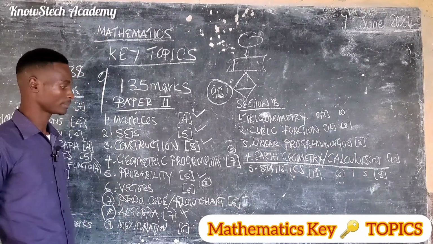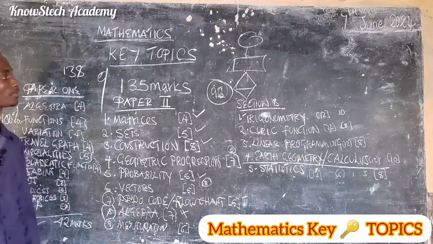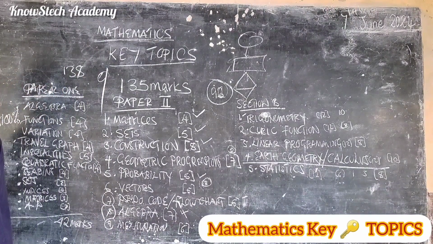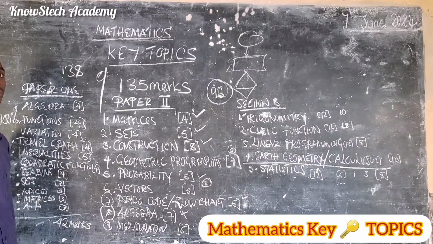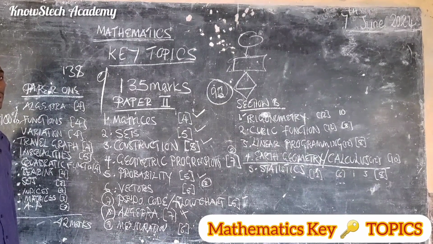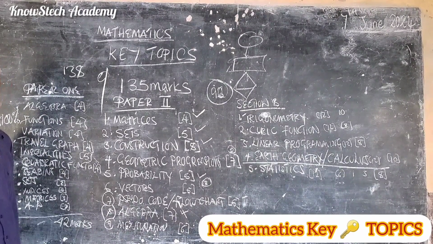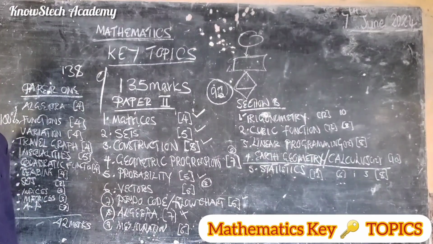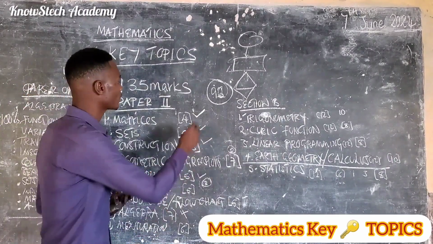Which one should you start with, for example, when you start a task? Section A or section B? It depends. Start with what you know. Don't start with what you are doubting.